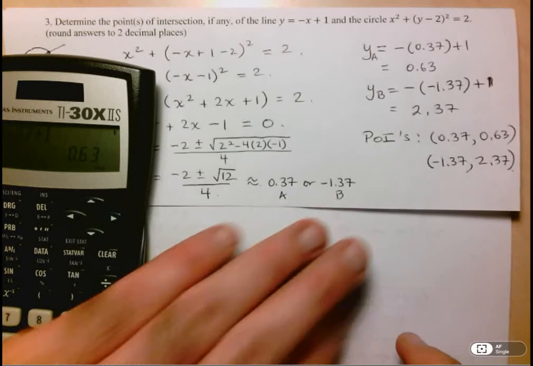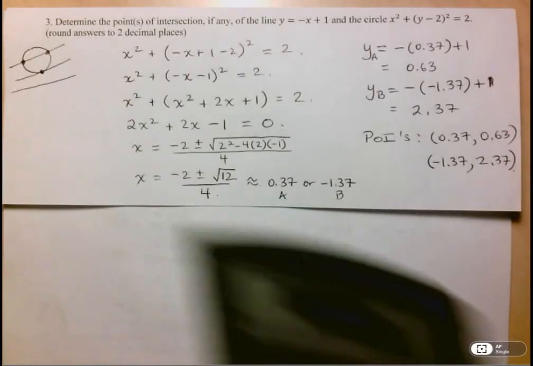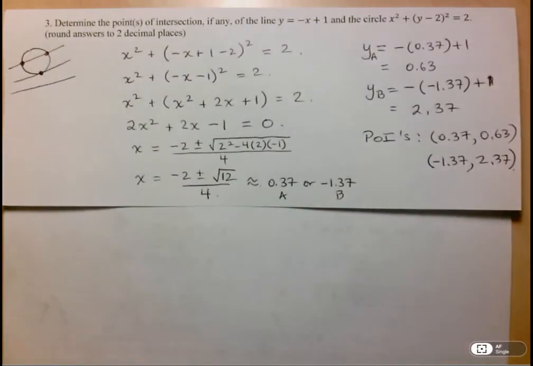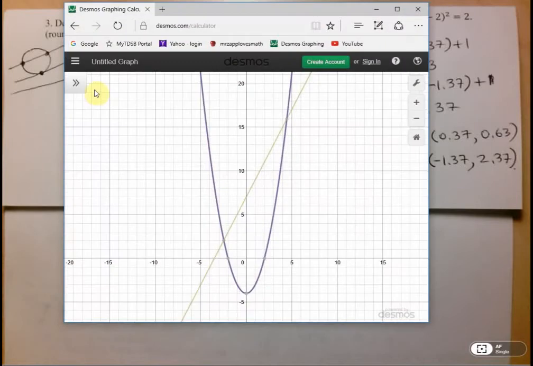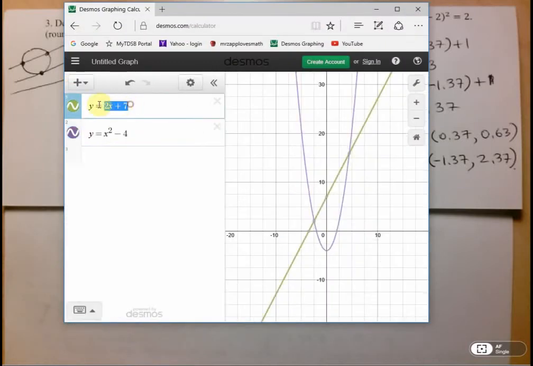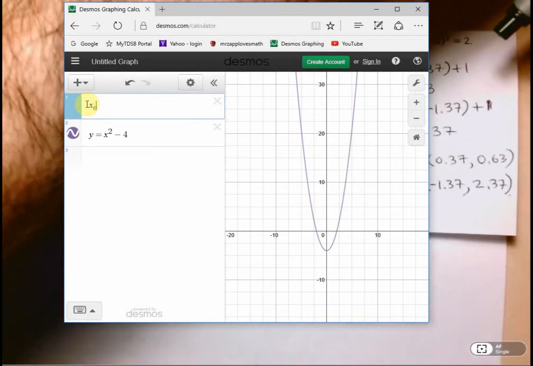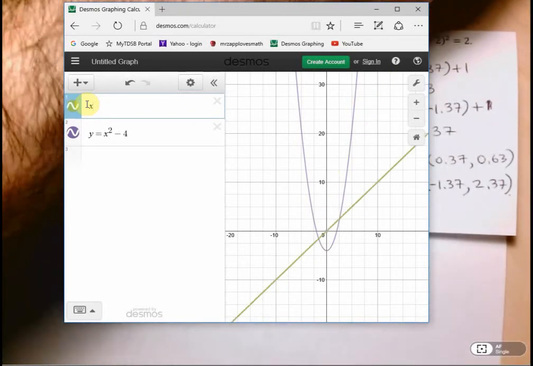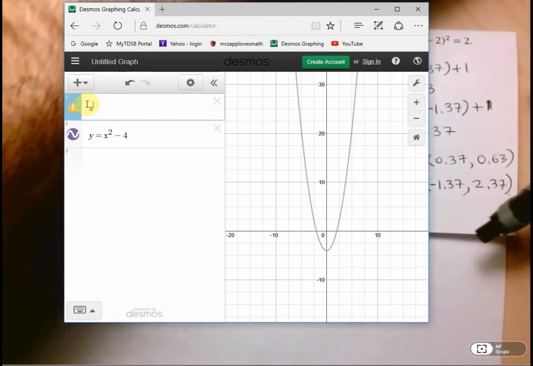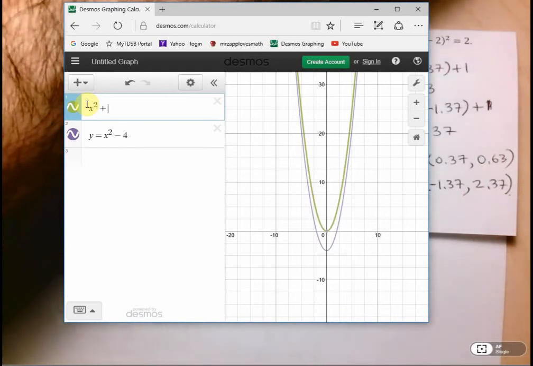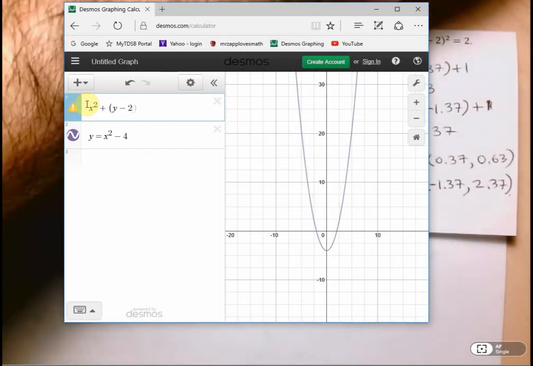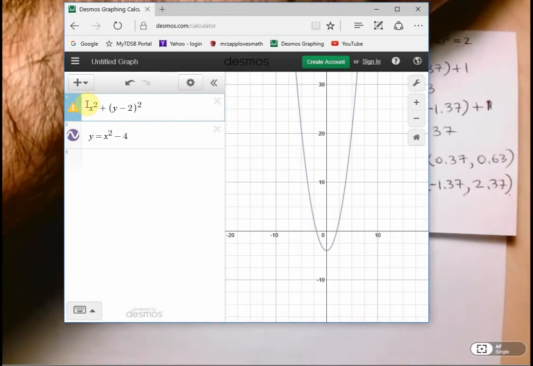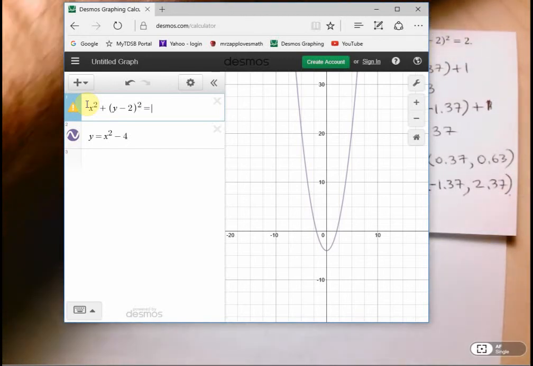Now let's use Desmos to check this out. I haven't set it up yet, so we'll just do it here. There's Desmos. Let's put in the equation of the circle: x squared plus y minus 2 squared equals 2.